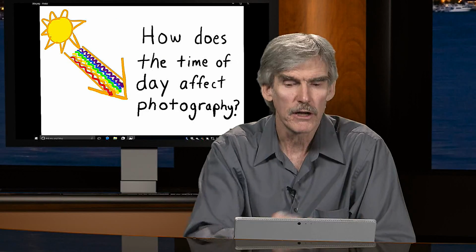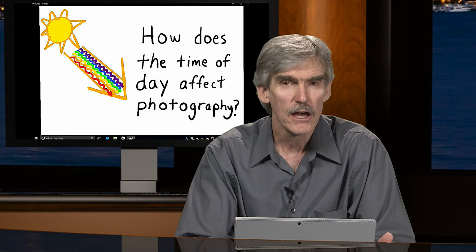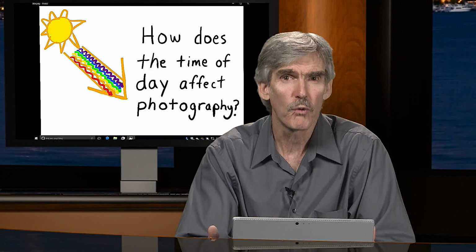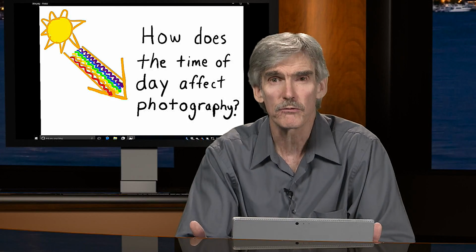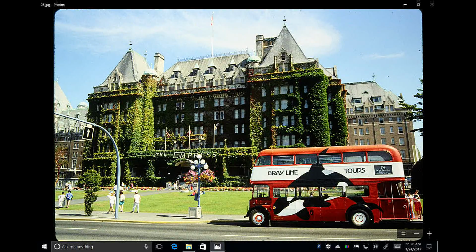All right, let's move on and talk about the time of day and how it affects our photography. Time of day has a dramatic effect on your photography because of the wavelengths that are available for you to record. During daylight hours, midday, noon, early afternoon, we have lots of light available to us.